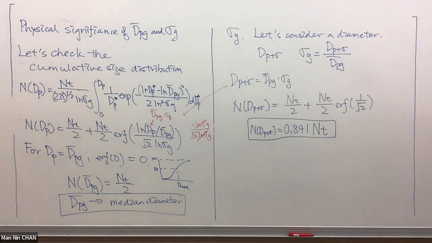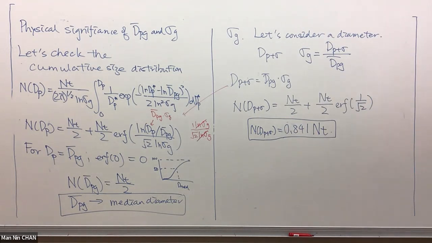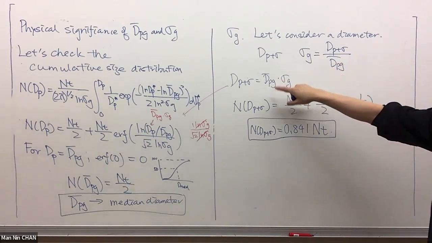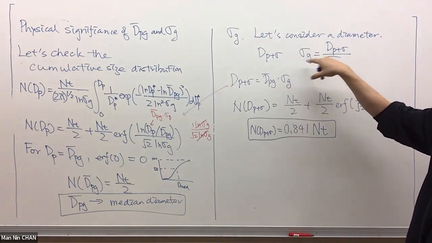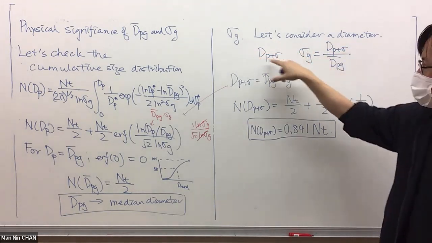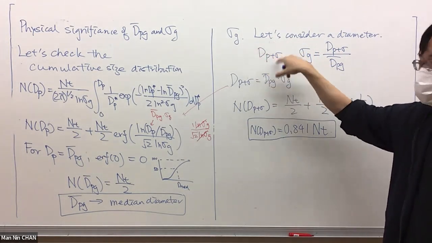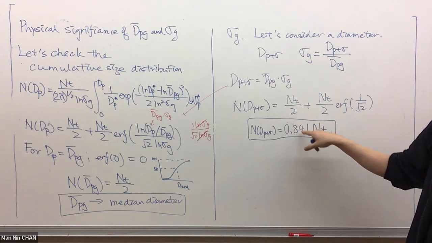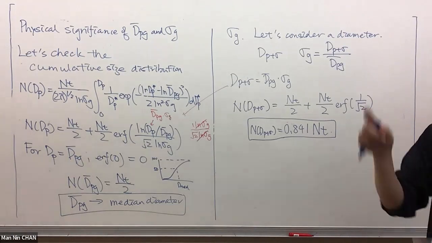More important is the meaning of this. Basically you are looking at a ratio of diameters. Let's say 84% of your particle population will lie below this diameter. Because when you multiply the median diameter by sigma g, you get a new particle diameter, the dp plus sigma. So with this diameter, 84% of your aerosol population will be below this value.